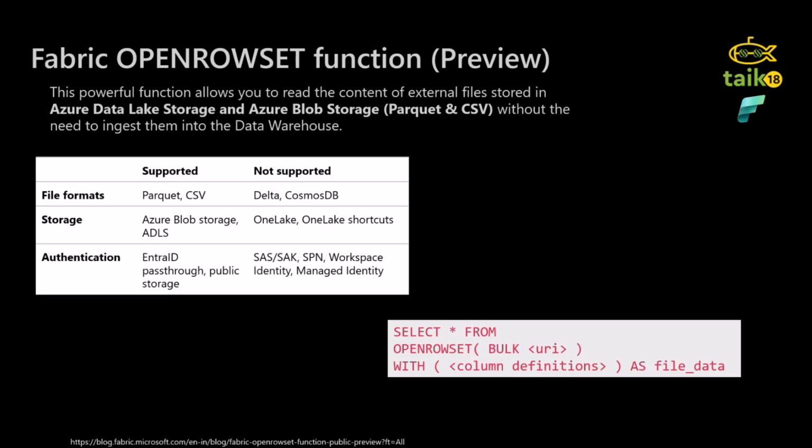Here you can see the syntax on the right-hand side, which is SELECT star FROM OPENROWSET, open bracket, BULK, and then you need to pass the URI of your data, like Storage or Blob Storage. And if you want to filter it by columns, you can use WITH, and then specify the column name and data type. So you can read the data, you can also partition the data, and you can also use it to insert the data into your warehouse.